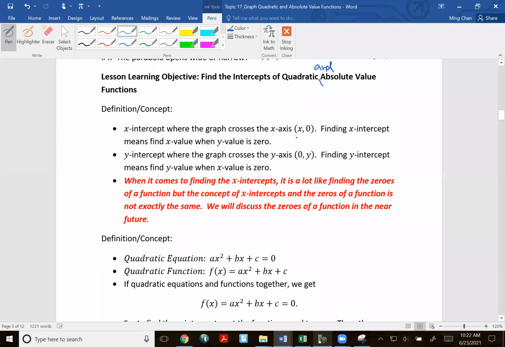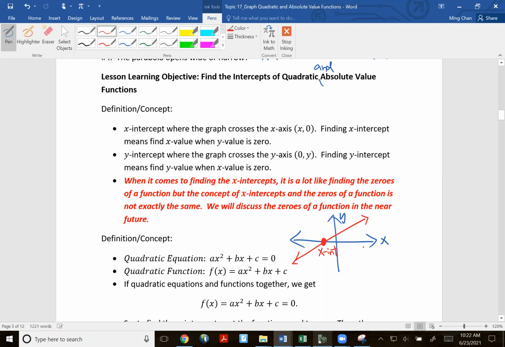So what's so special about it? Well, if I draw you a linear function, the point where the line crosses over the x-axis is called the x-intercept. And what's so special about it?